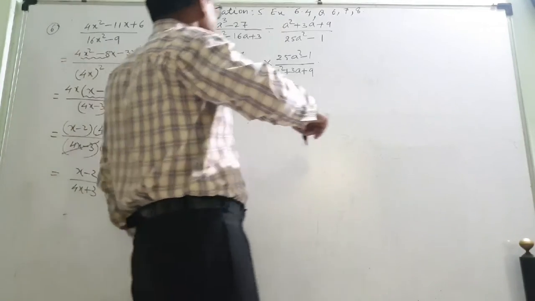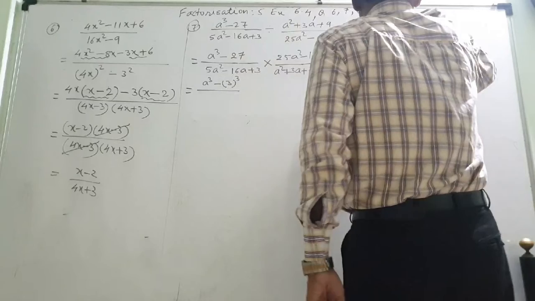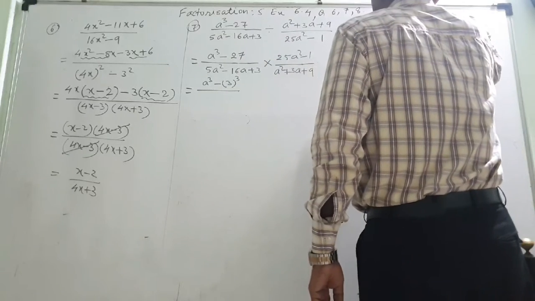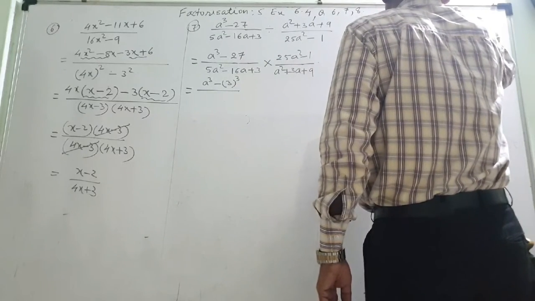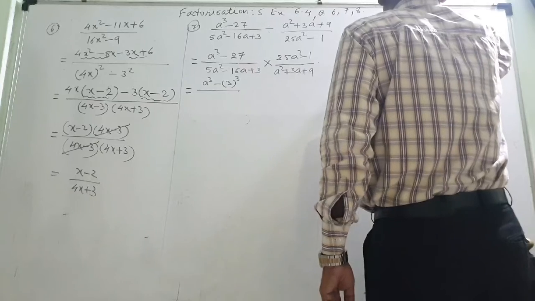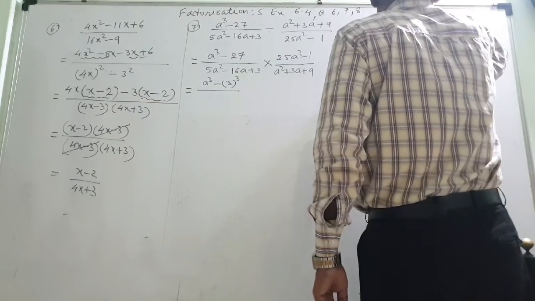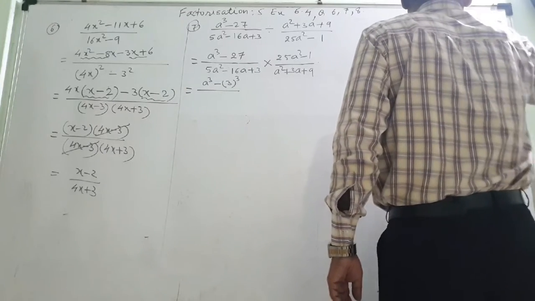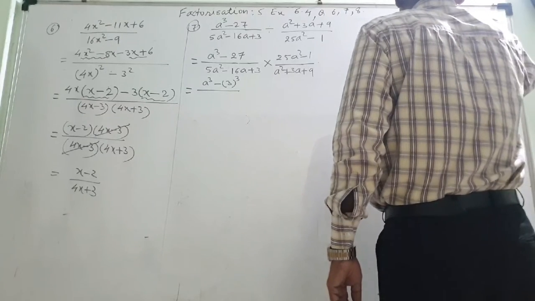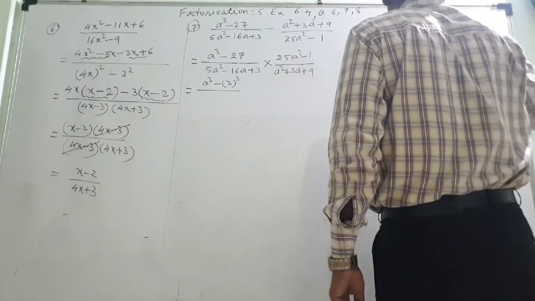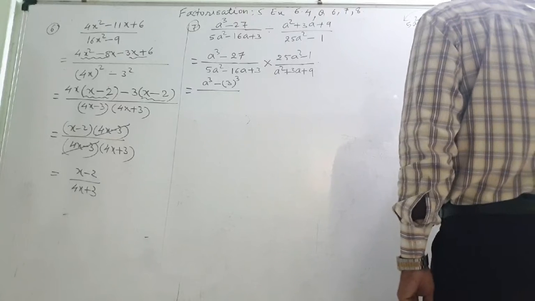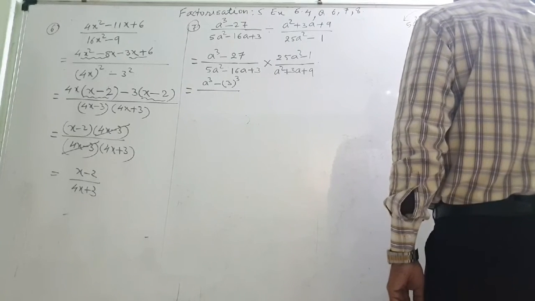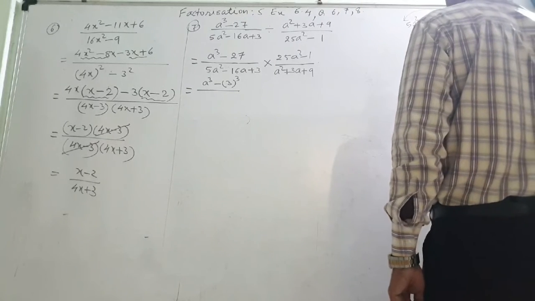For this I will consider this separately: 5a square minus 16a plus 3. Now see this, 3 into 5 is 15. Find the factors of 15 such that the addition is minus 16. Addition means same sign. So 15 is equal to 15 into 1.